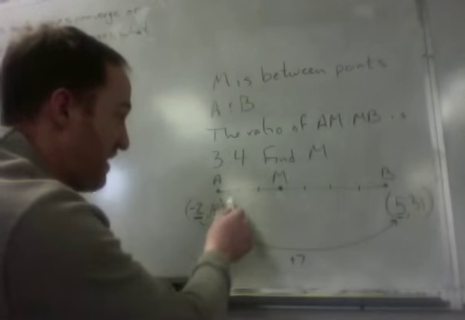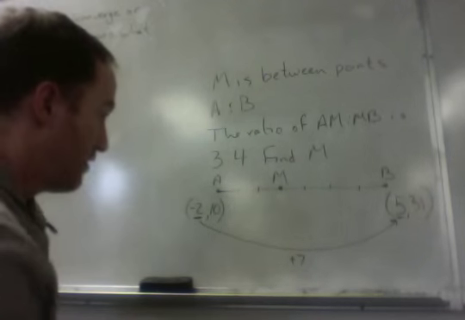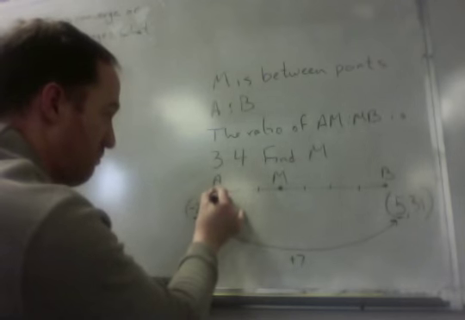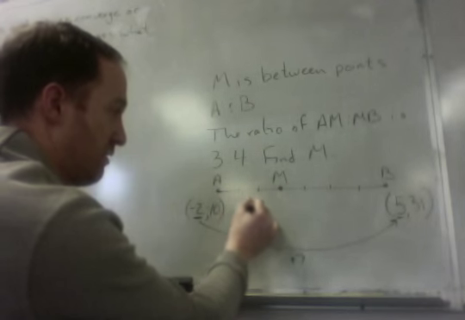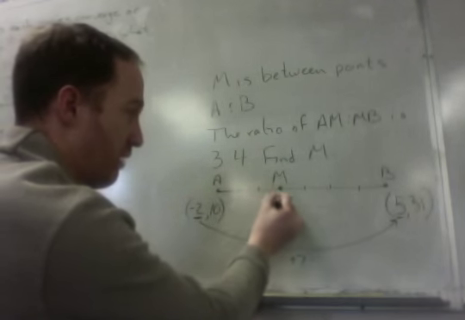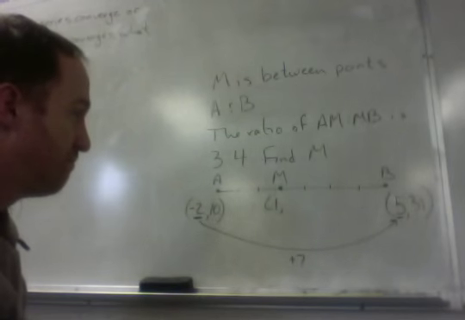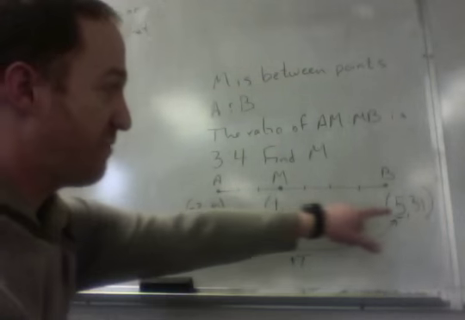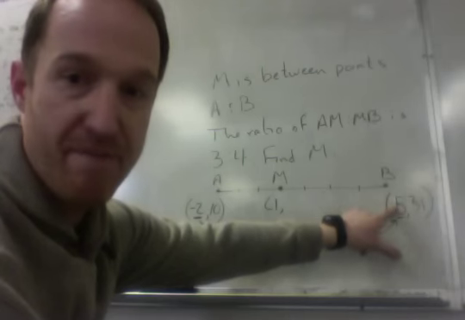That means each step is going to be 1 for the x-coordinate. So we're starting at -2. We go up 1, -1, up 1, 0, up 1 again is 1.